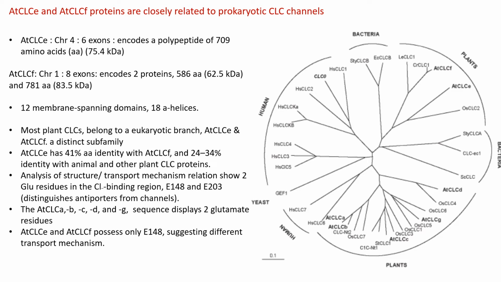In ATCLC A, B, C, D and G, both glutamate residues are present, whereas for ATCLCE and ATCLCF, only E148 is present, suggesting that the mechanism for transport of the ion through these is different from the ones reported for A, B, C, D and G.